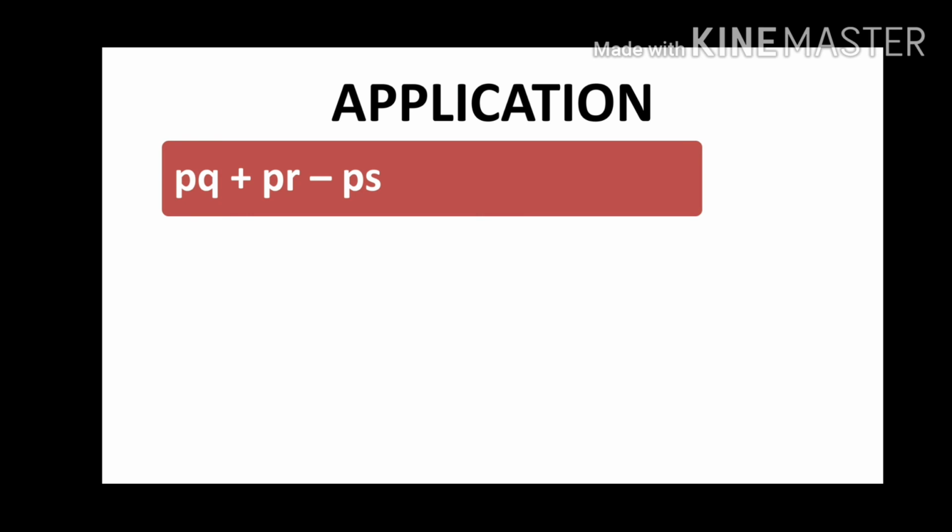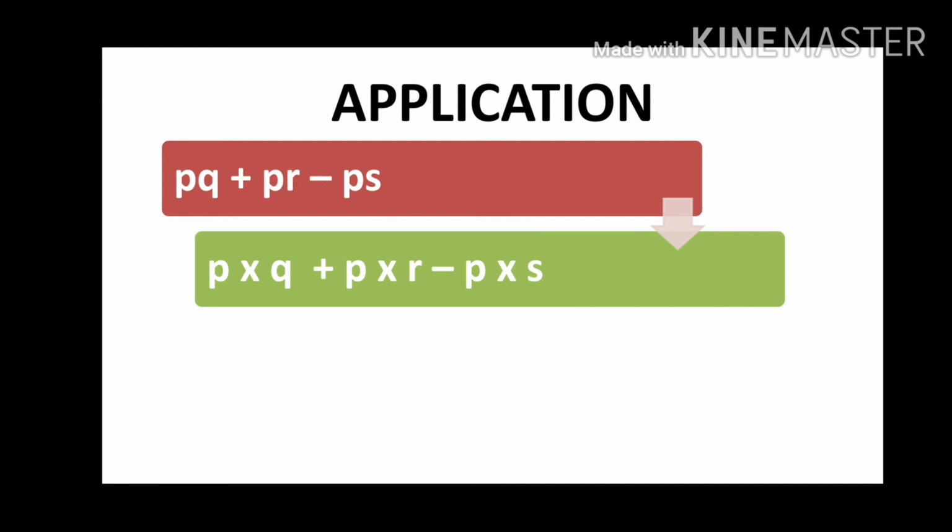Now we have pq plus pr minus ps. So we can write it as p multiplied by q plus p multiplied by r minus p multiplied by s, because we know in algebra when we write the symbols together, that means they are multiplied. When the letters are written pq, that means it is p multiplied by q. Here you can see p goes to q, p goes to r, and p goes to s also.